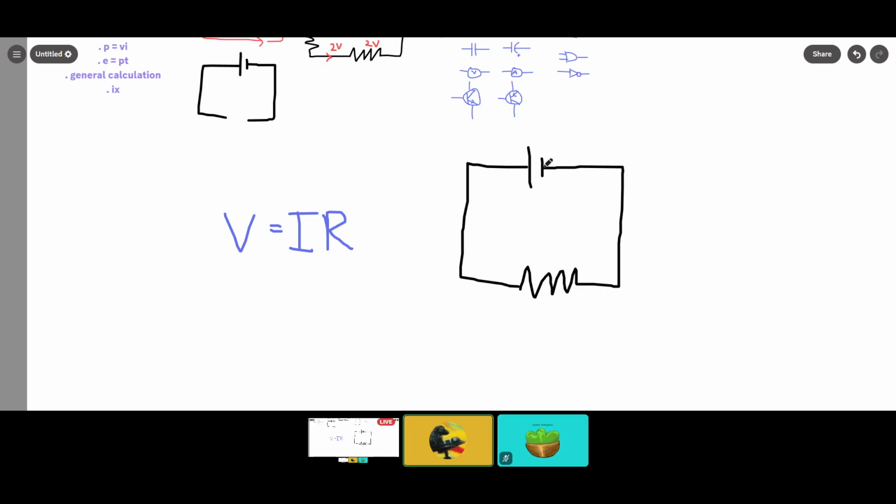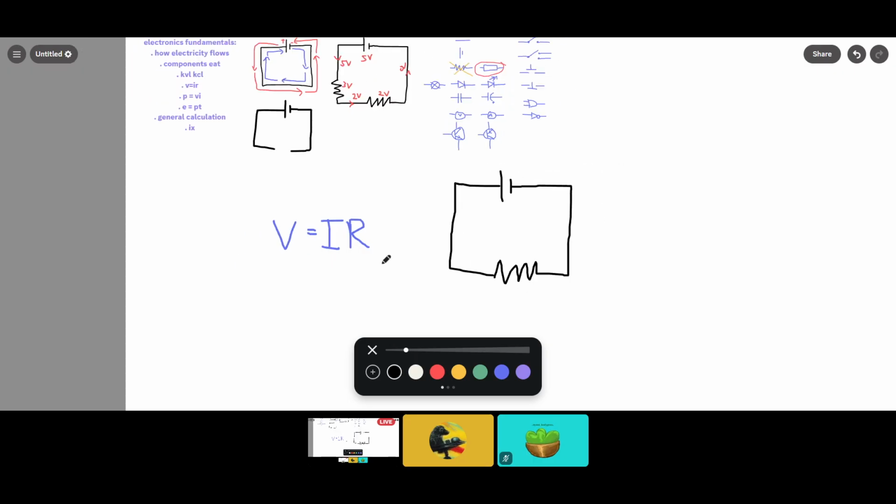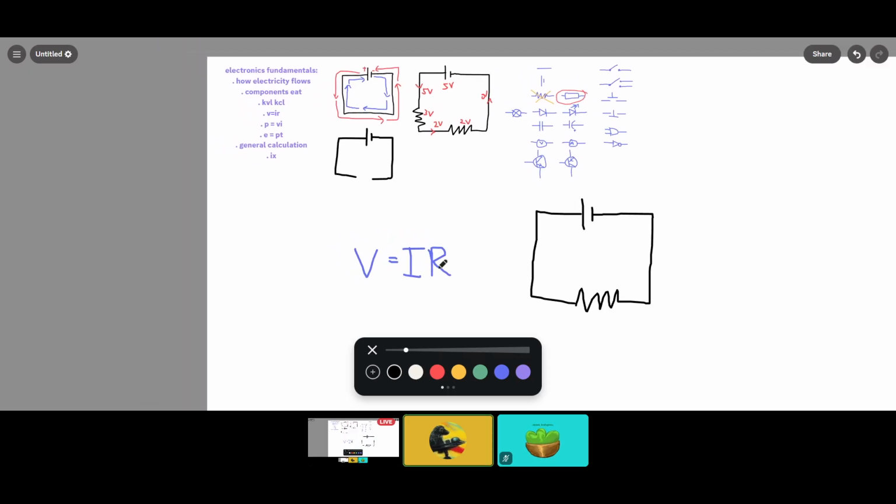Current is, I guess you could say, the speed at which electrons are pushed out. And resistance is how much the current is resisted, that means how much it's pushing back. So that's what I and R are.